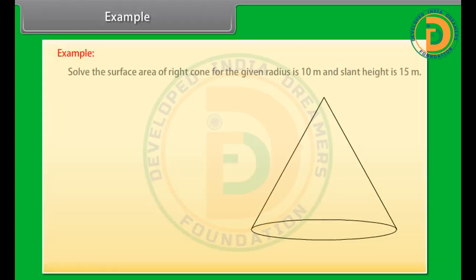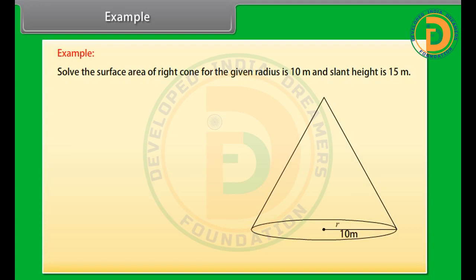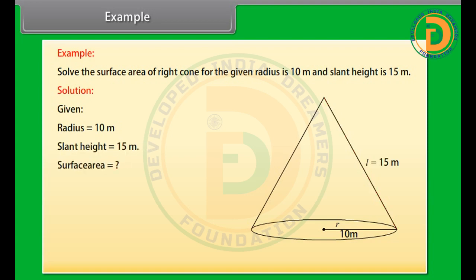Example: solve the surface area of a right circular cone for the given radius of 10 meter and slant height of 15 meter. Solution: radius and slant height, which are 10 and 15 meter respectively, have been given. We have to find the surface area. We know that surface area of a right circular cone is equal to pi r into L plus r.